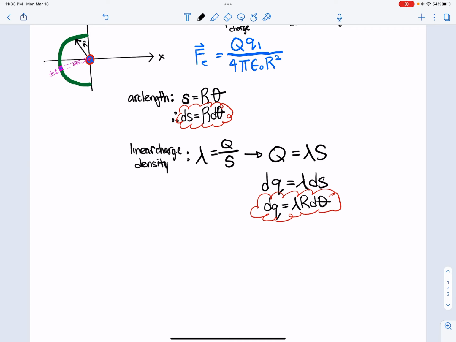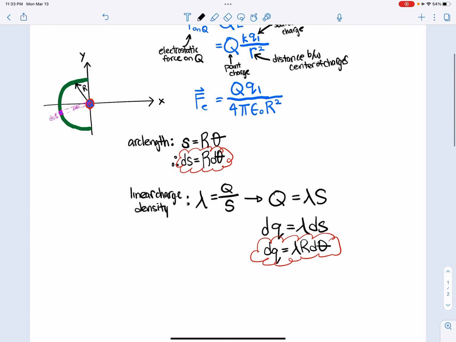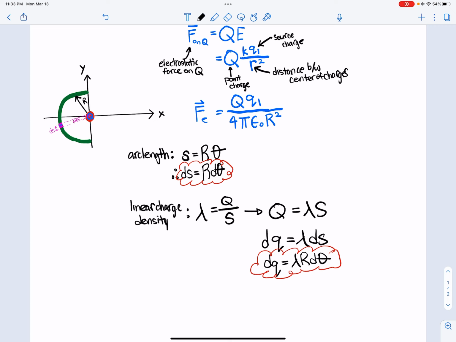So now going back to my formula for electrostatic force, where Q1 was my source charge for this entire thing, I'm going to break this down instead of the entire force felt by particle Q into just this little dF, the small force felt due to this small segment.